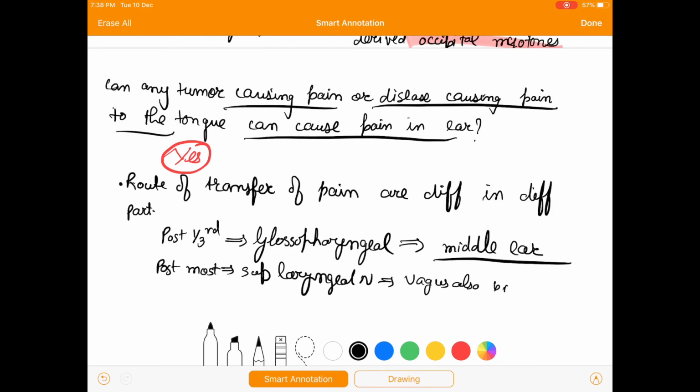So yes, this can also carry this impulse of pain to the ear. Then we are left with anterior 2/3, and it is mandibular nerve, and this nerve also has its branches in ear.